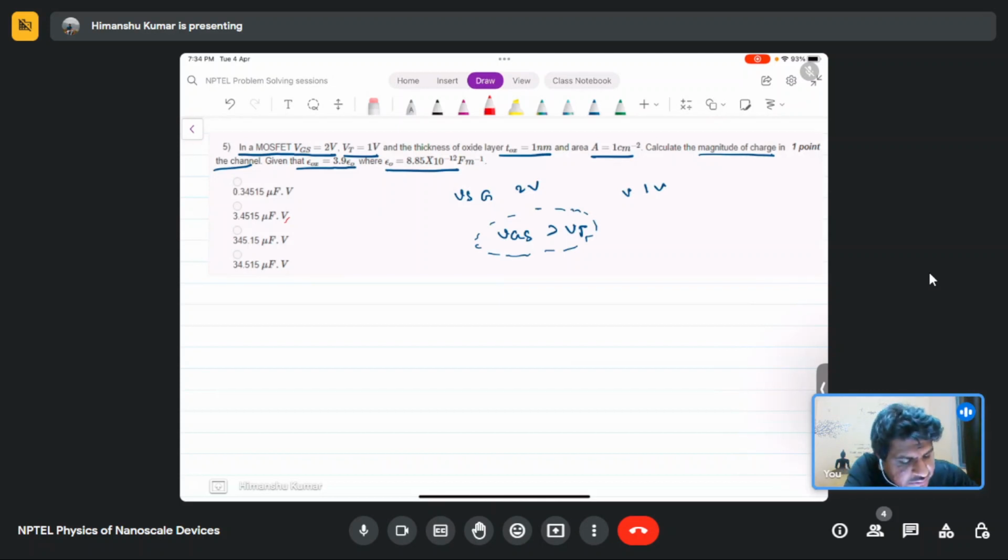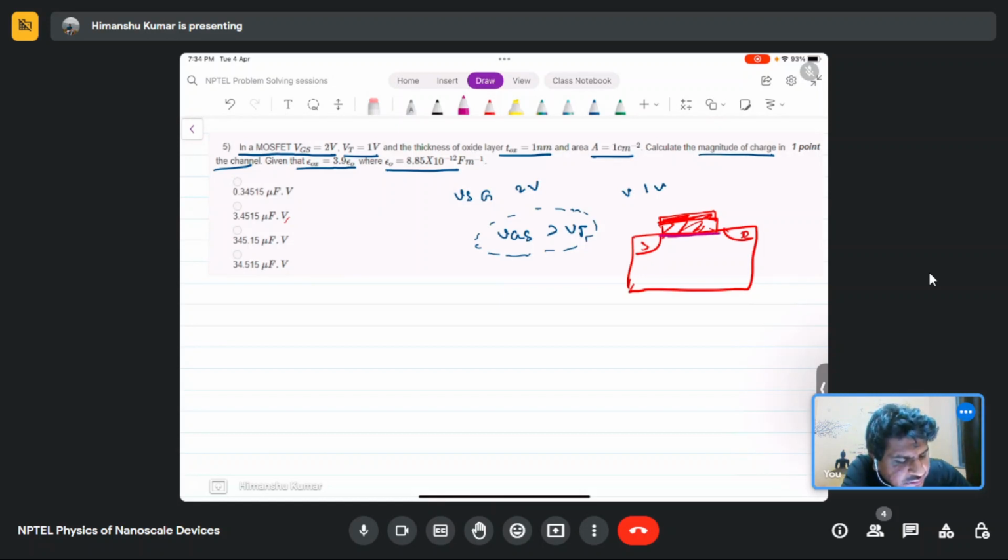If we draw the diagram of the device, this is the source and this is the drain. After inversion, this will behave like a parallel plate capacitor.